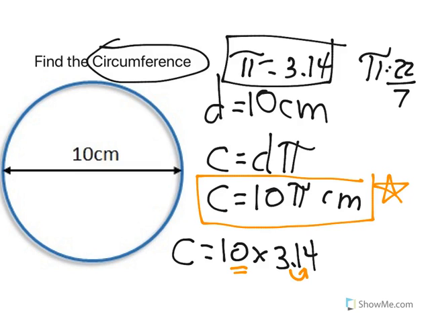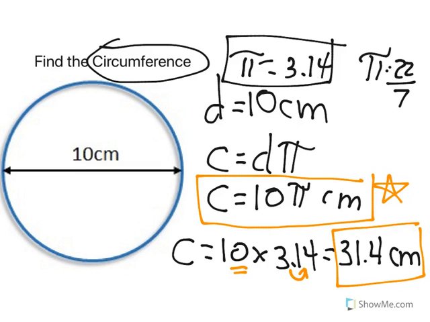So this is going to give you a circumference of 31.4 centimeters in this case. Okay, so that's the answer in terms of decimal. This is the answer you're going to go for. Sometimes they don't tell you in the question which kind of answer they're looking for, but now you know there are multiple ways to represent the final answer.